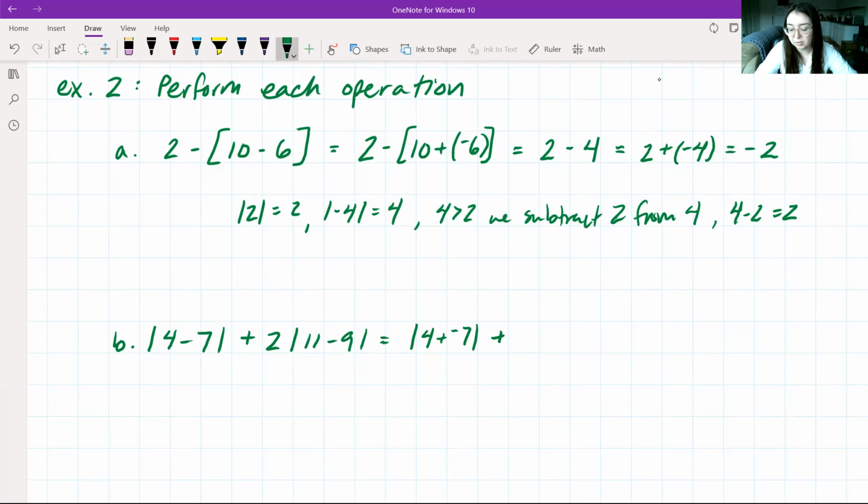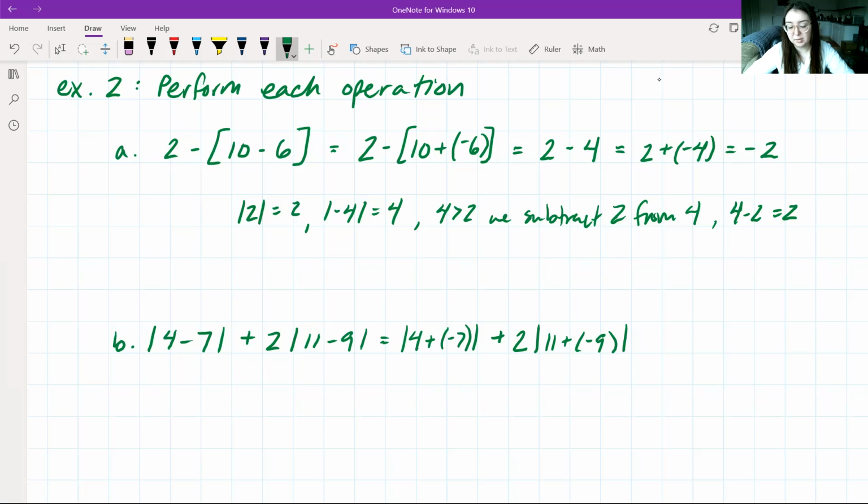Then our second grouping symbols, we have 2 times 11 minus 9. And we can rewrite this as 11 plus -9. And let's put this -7 in parentheses here. -7. There we go. All right.